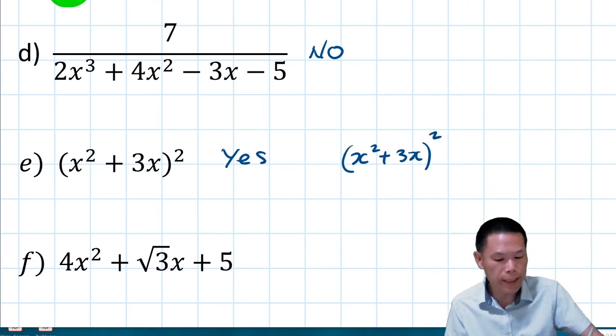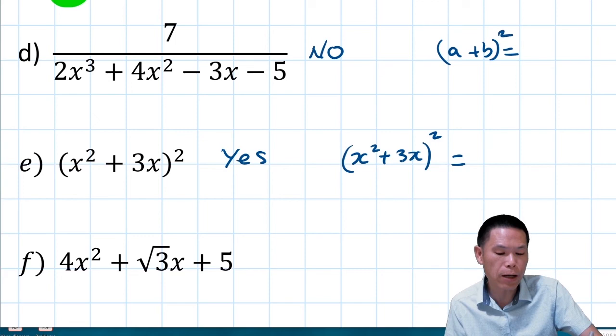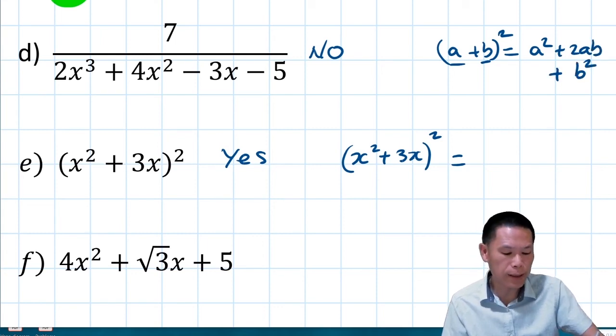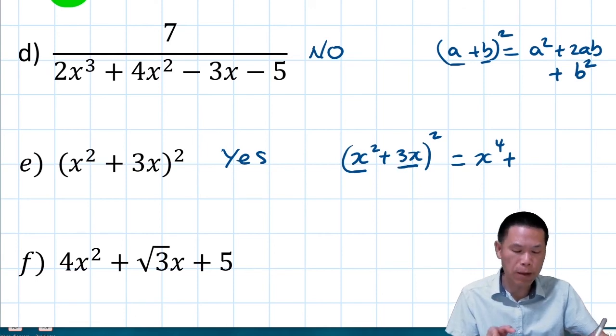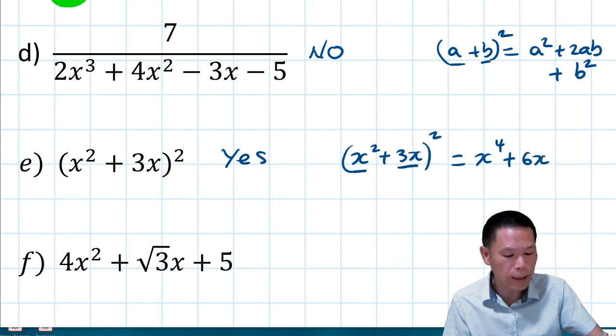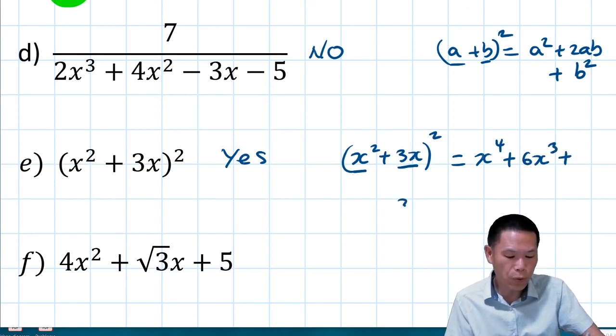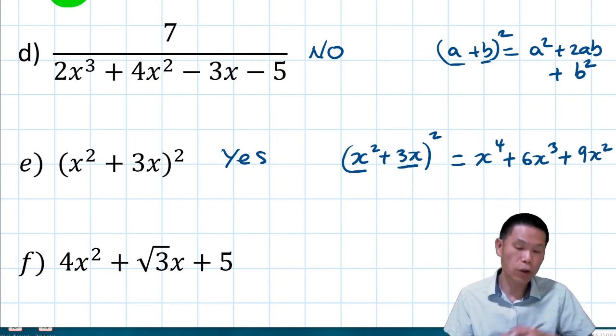Now, if you expand this out, don't forget we are using a plus b all squared, equal to a squared, plus 2ab, plus b squared. Expanding this out gives x to the power 4, and then x squared times 3x is 3x to the power 3, and you double, so 6x to the power 3, and plus 3x all squared, which is 9x squared.